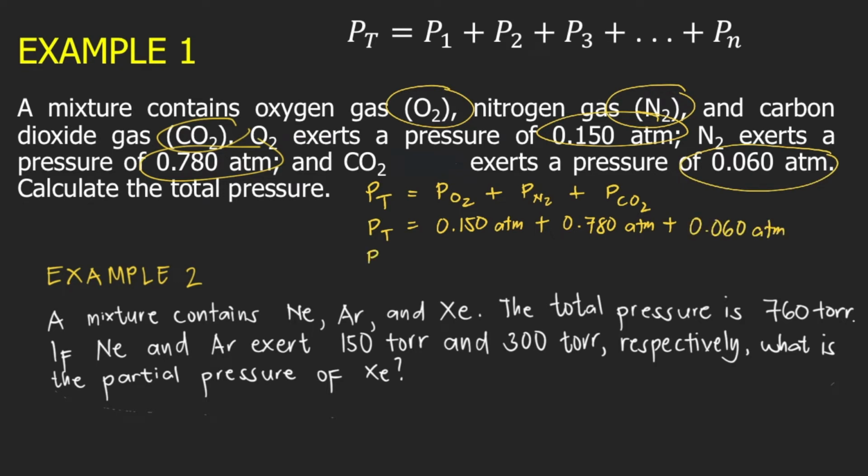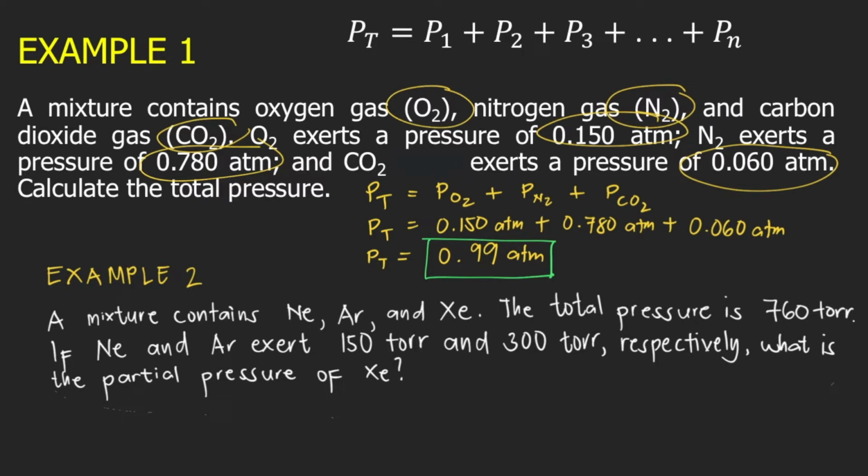Now, if you add the three partial pressures, 0.150 plus 0.780 plus 0.060, this is equal to 0.99 atm. So this is the answer to the first question.